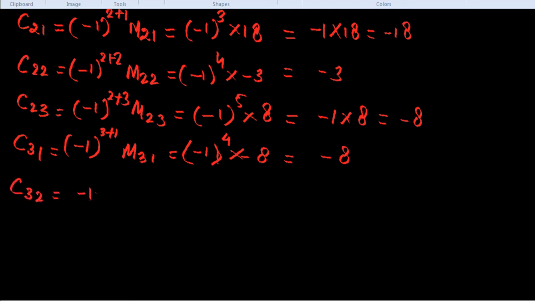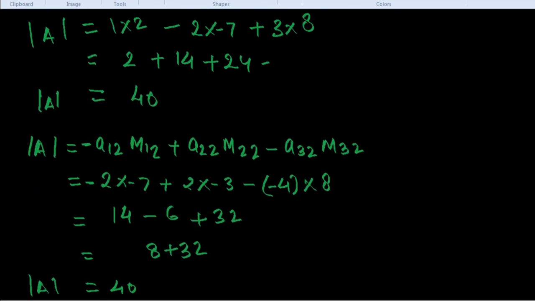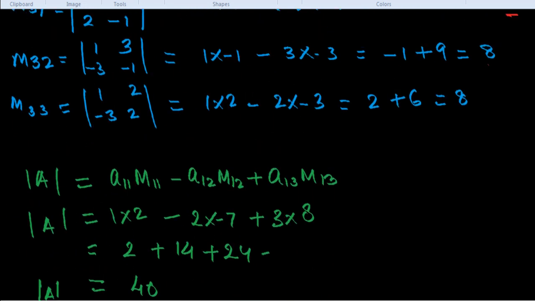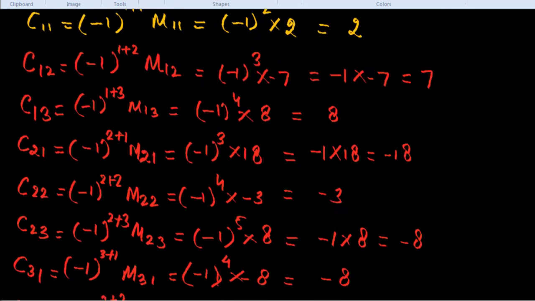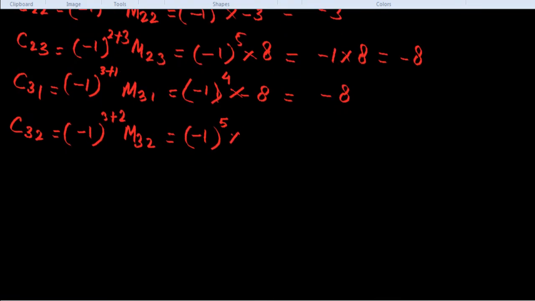C32 is minus 1 to the power 3 plus 2 into M32, minus 1 to the power 5, and the value of M32 we have is 8. We get here, it is odd power, so minus 1 into 8 is minus 8.